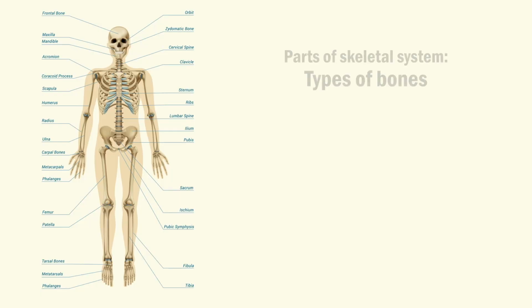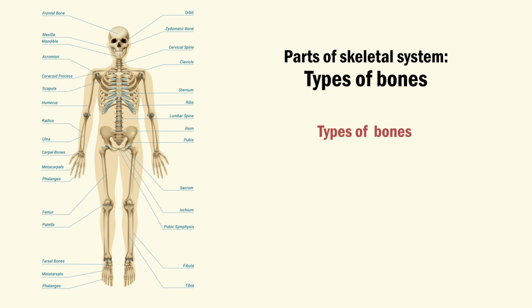Now, we will discuss the different types of bones in the human body. The bones can be divided into axial bones and appendicular bones. There are 80 axial and 126 appendicular bones in an adult human being.